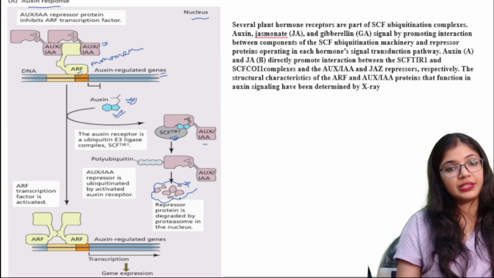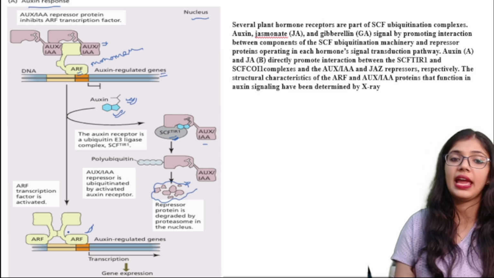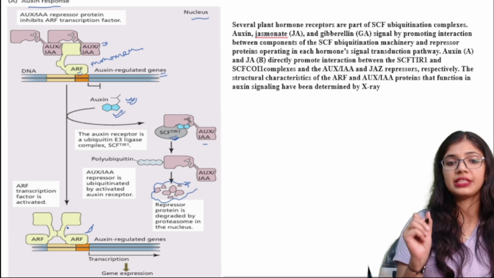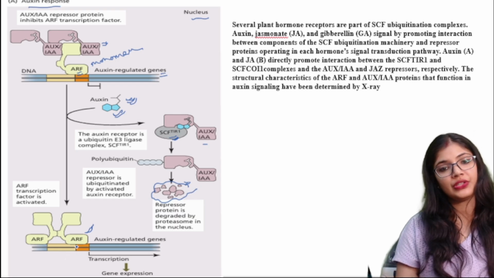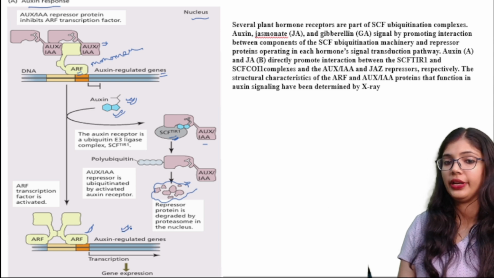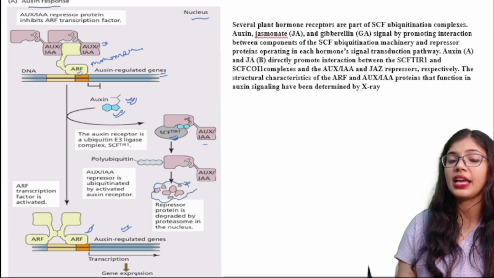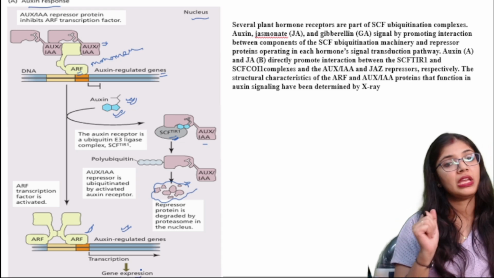After this repressor has been degraded, this ARF is now in the dimer form. Two ARFs come and bind in the promoter region of this DNA, and it is allowing the auxin regulated genes, and there is expression of the genes which are required for the growth and development of the plant.